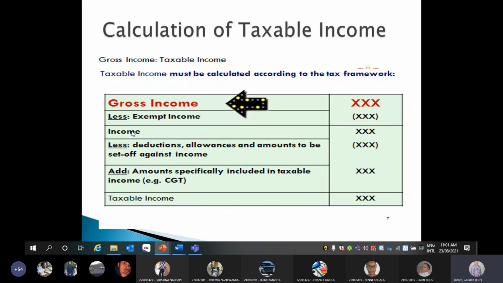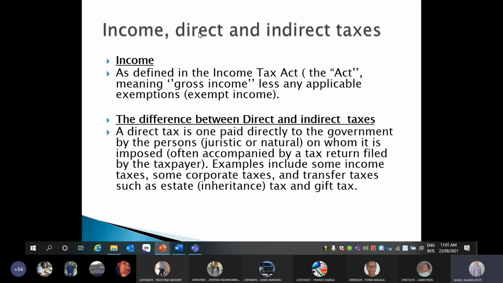If I say define income, then you will have to tell me income is gross income minus exempt income. That is income for tax purposes. As defined in the Income Tax Act, the Act meaning gross income less any applicable exemptions, and that is what will give you income. So if I say define income for tax purposes, you need to tell me it's gross income minus exemptions or exempt income.